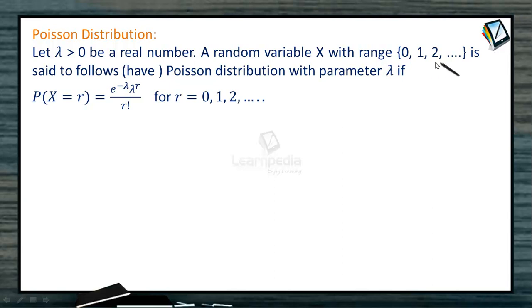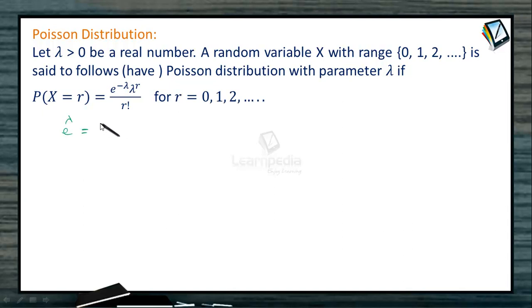When the range is an infinite set having values 0, 1, 2, 3, and so on up to infinity, then the variable x is said to have a Poisson distribution if the probability of success at r is given by e power minus lambda into lambda to the power of r by r factorial. Now to understand this, do you remember what is the expansion for e to the power of lambda?